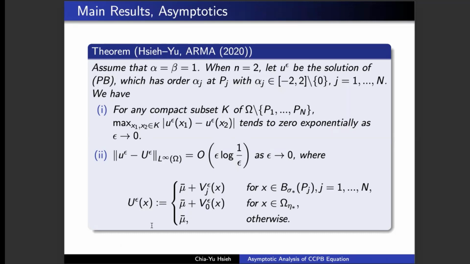In the interior, capital U is just a constant mu bar, and near the boundary, we use a function capital V0 epsilon to describe the boundary layer. And near the singularity, there is another function Vj epsilon.